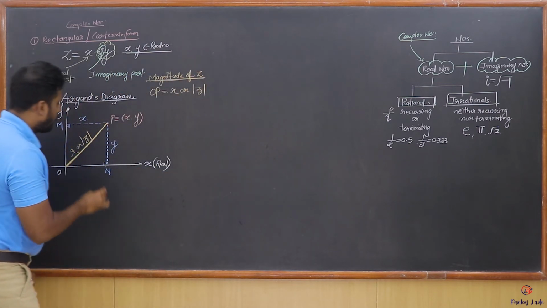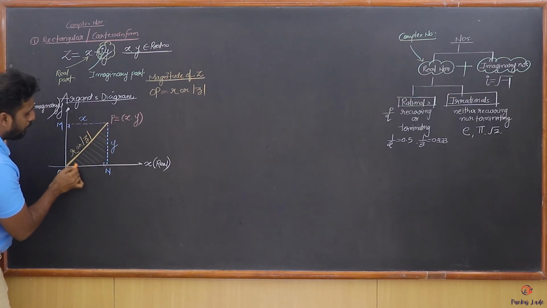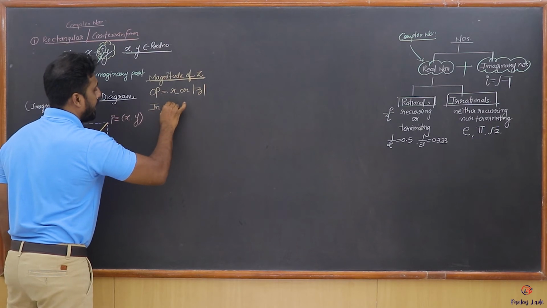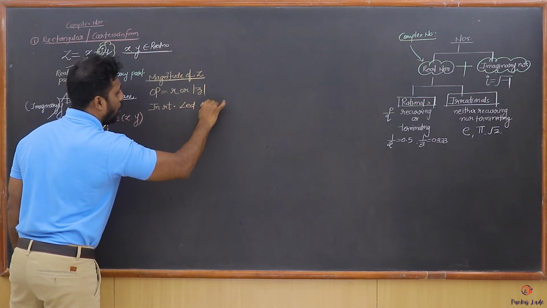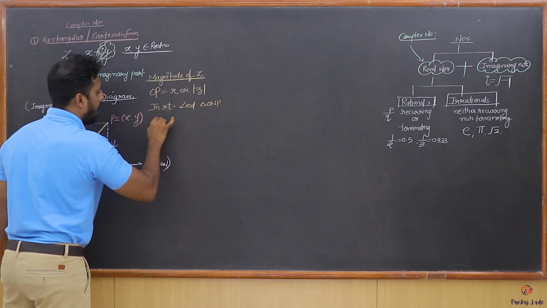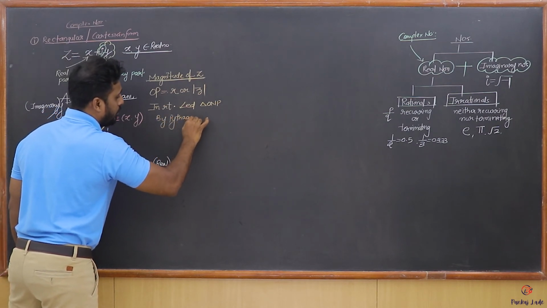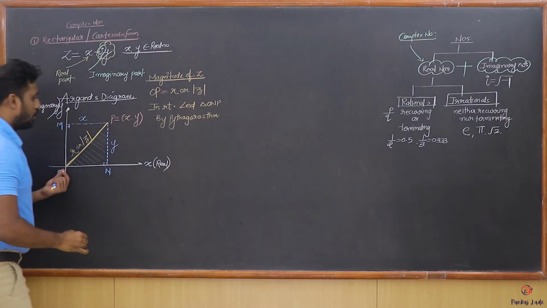Now look at this triangle. You can say this triangle is triangle ONP, isn't it? It's a right angle triangle. So in right angled triangle ONP, I can make use of the Pythagoras theorem to get the length of OP.